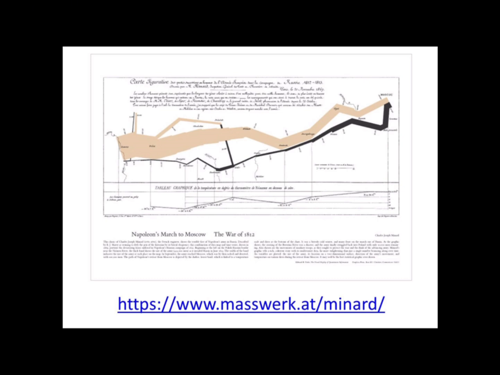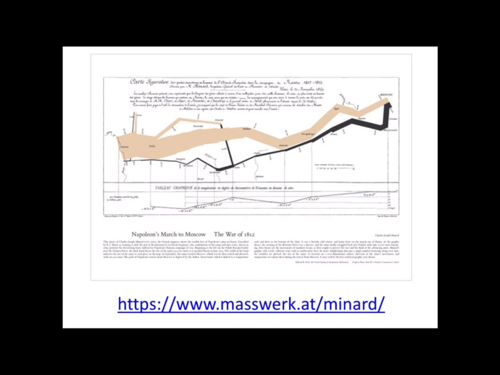What he's showing here is Napoleon's march to and from Moscow during the War of 1812. The lines represent the number of troops he had. The top line, the tan one, is the march to Moscow, and the black line is the march away from Moscow. On the left-hand side, as Napoleon goes towards Moscow, the line gets thinner and thinner and thinner.